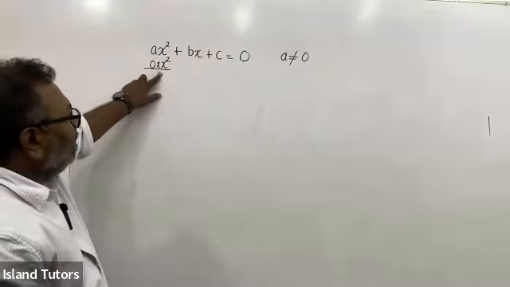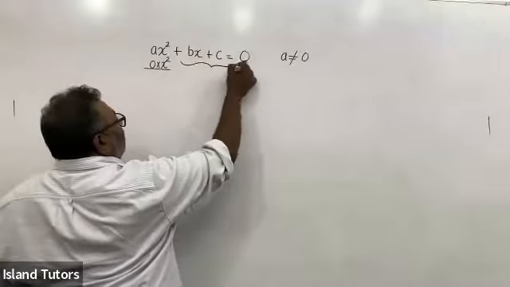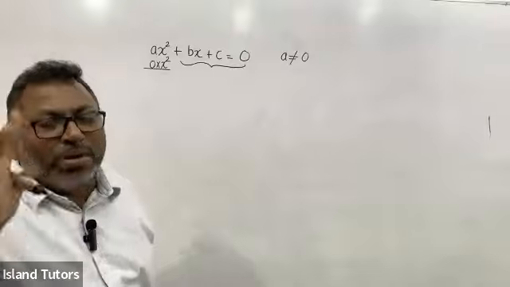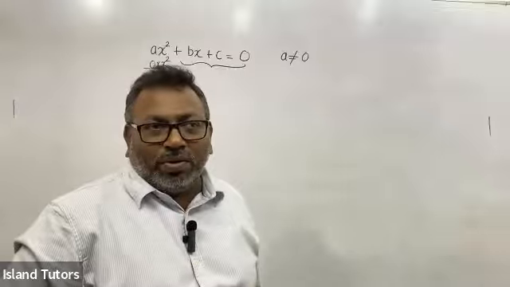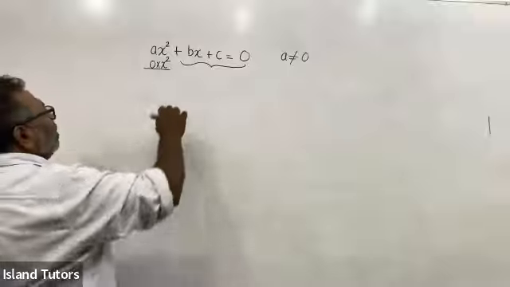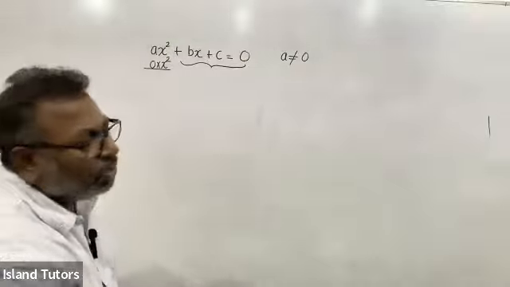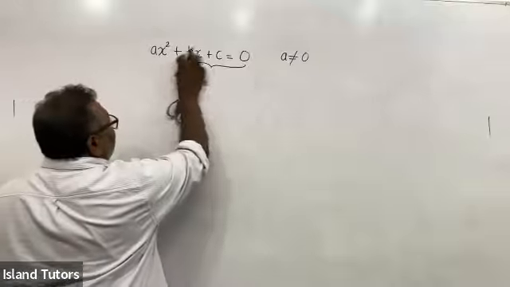So then this becomes a normal equation. So we cannot have the value of a equal to 0. That is a very important rule in quadratic equations.